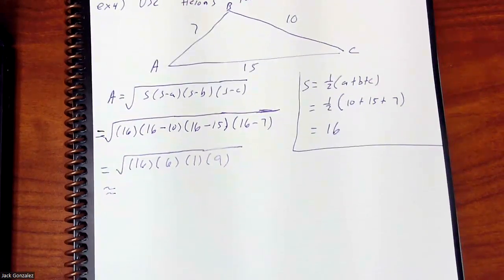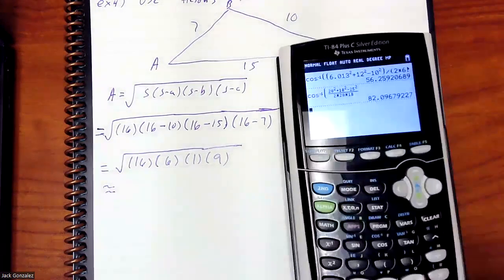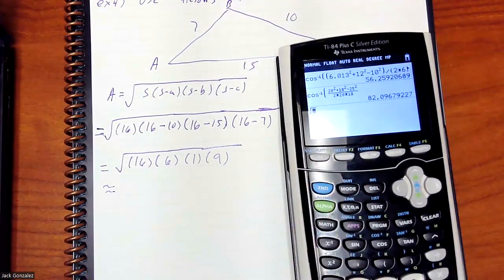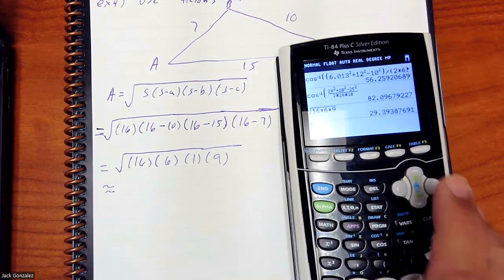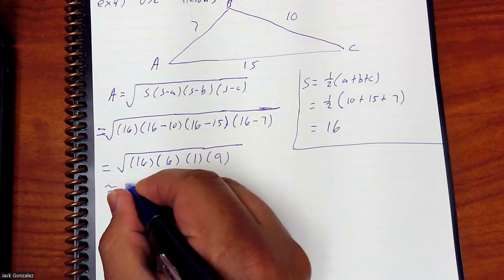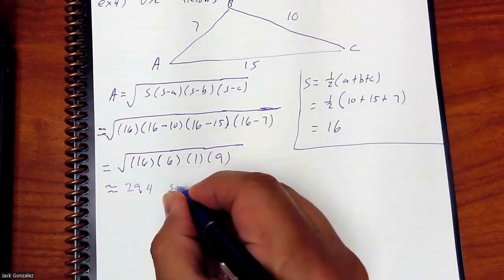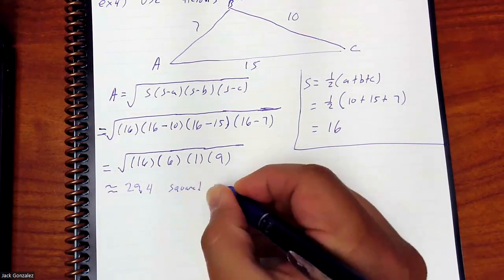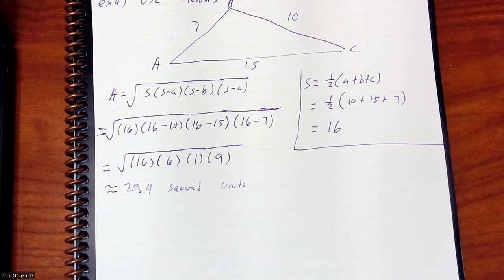Whatever that is in your calculator. 29.4 squared units. They didn't tell us what they were, so some squared unit. We're talking about area.